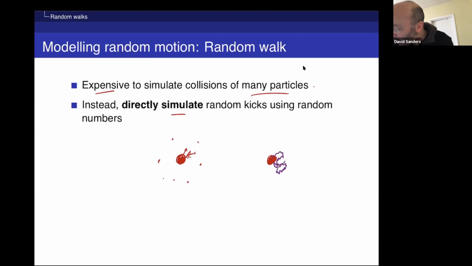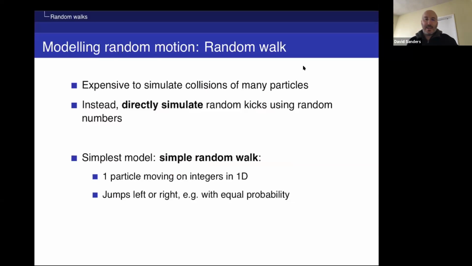The center of this particle sort of moves around in some random way, in a very wiggly way, because it's constantly being buffeted, being kicked by all these water molecules from all sides at once. And so it sort of gradually shifts its position around in some random way. We want to be able to simulate that without simulating actually all of these molecules moving around and colliding with each other.